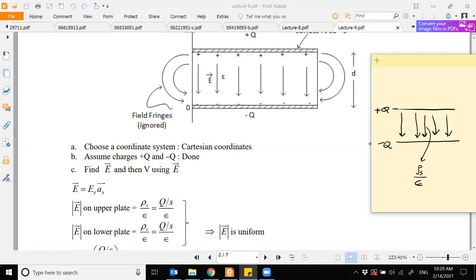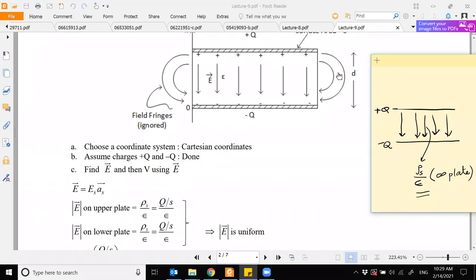This was what we got for the upper plate and lower plate, rho S over epsilon. So this is only valid for an infinite plate, but we are going to use this expression in our problem, assuming that these plates are infinite.